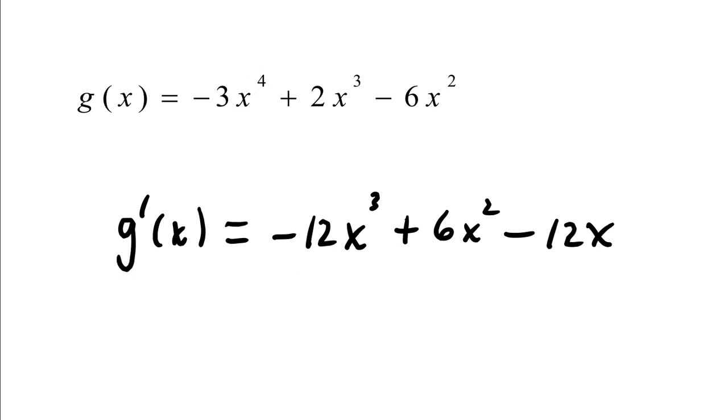Take 1 off your power, that's 3. 2 times 3, that's 6. Take 1 off your power, that's 2. Negative 6 times 2, that's negative 12. Take 1 off your power, and there's an unwritten 1. If you need to write the 1, write the 1.